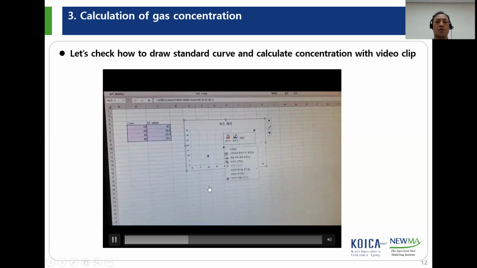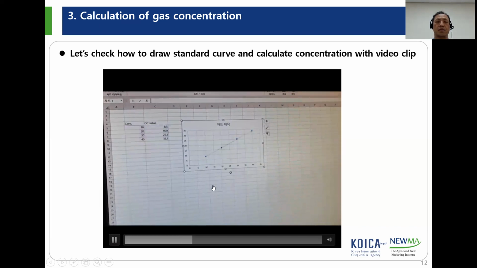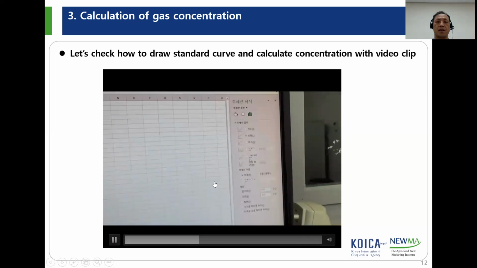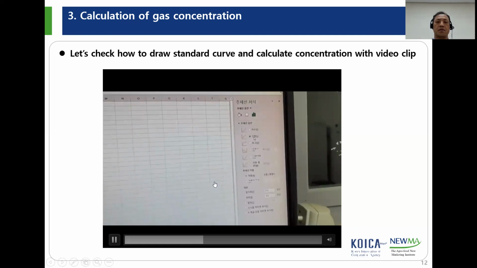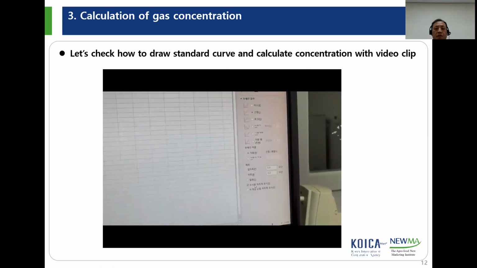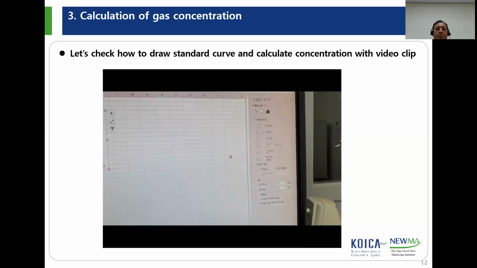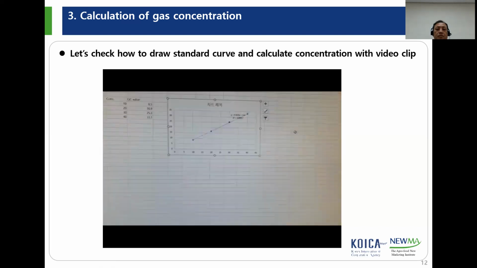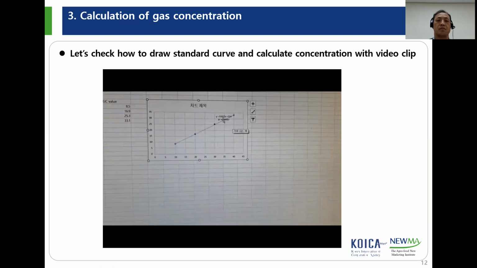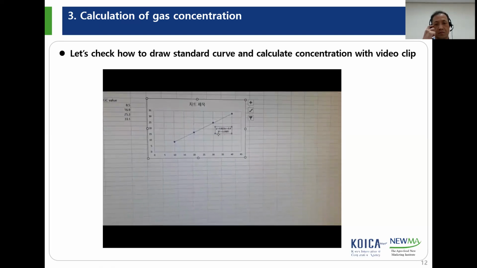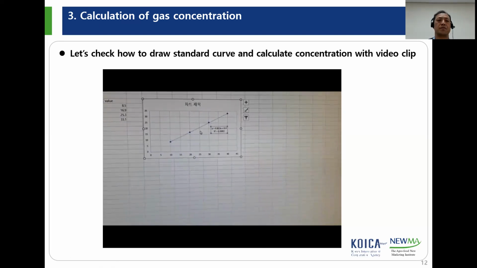And then we also make the standard curve and the equation.